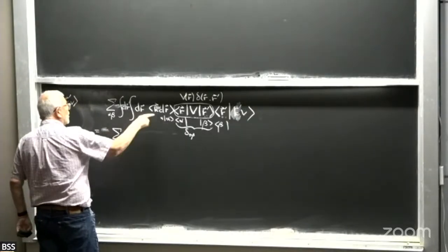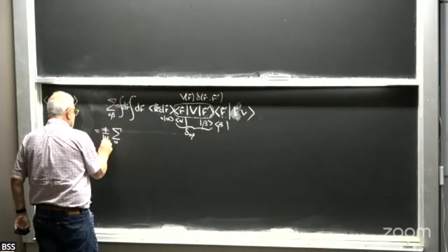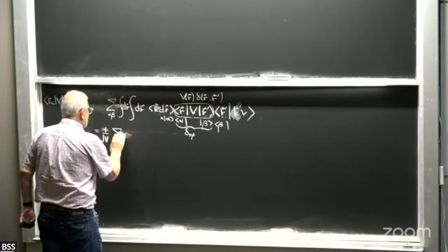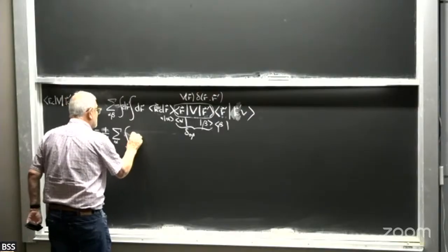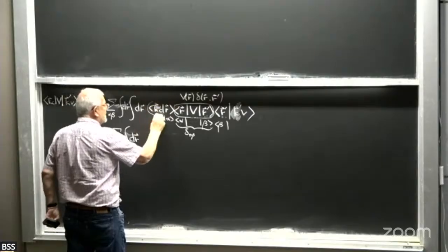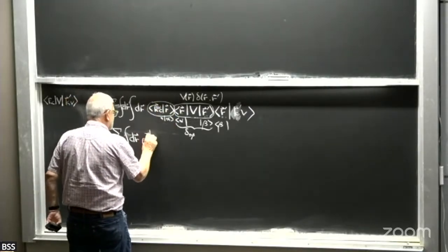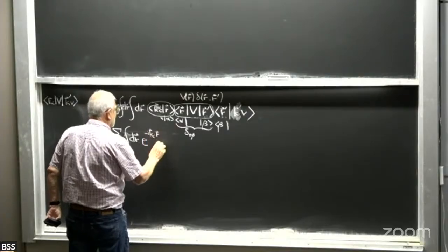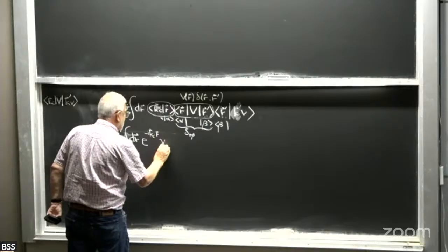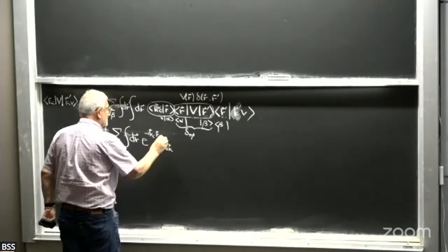I put in the normalization factors for these plane waves. Now I have only one position to integrate over. This is the complex conjugate of the wave function, and I have chi alpha k star.